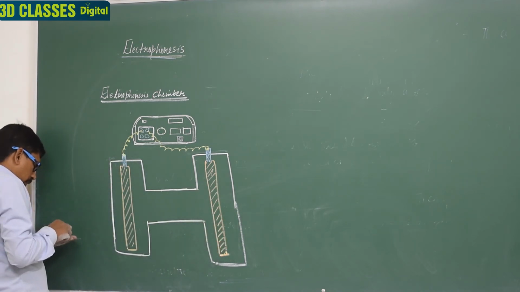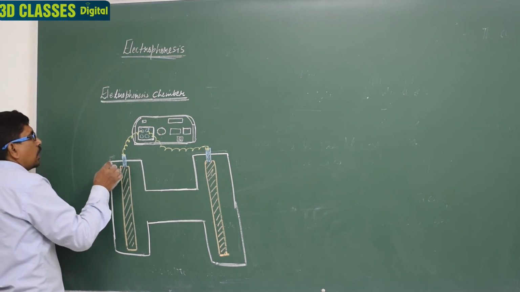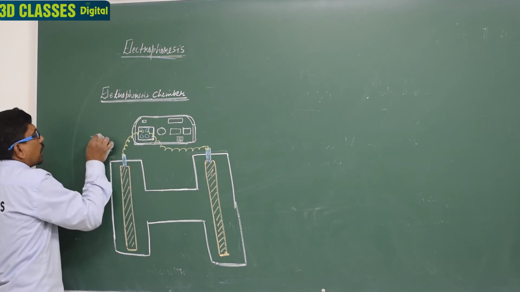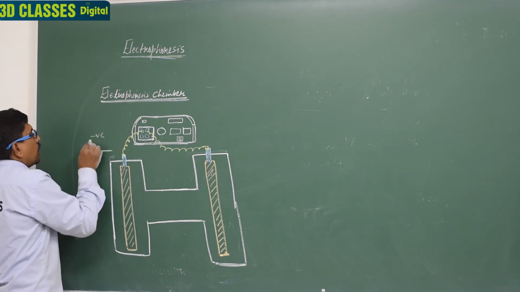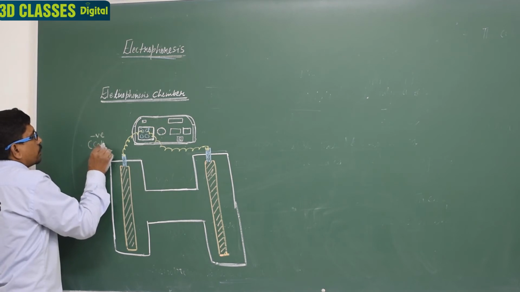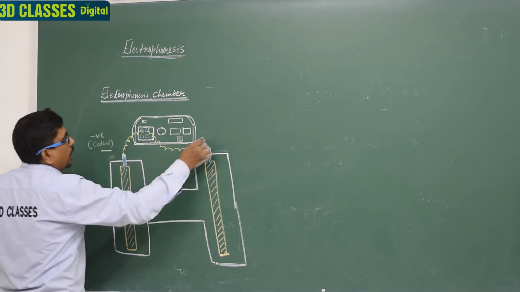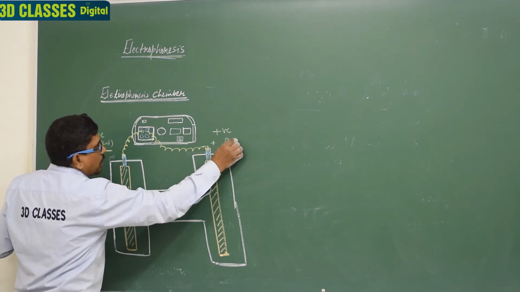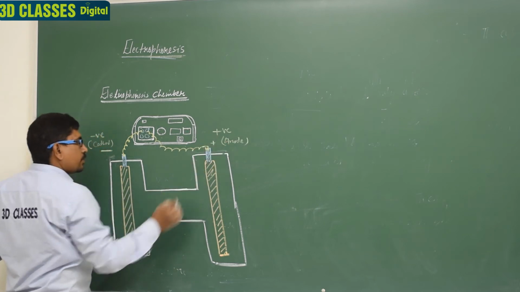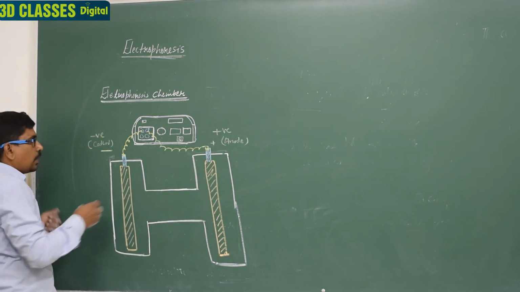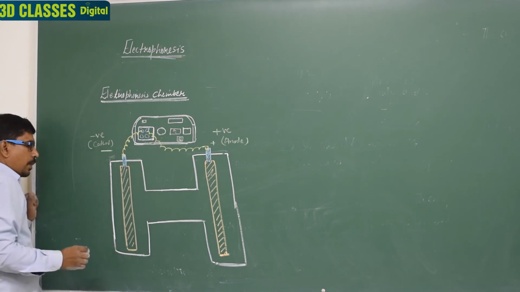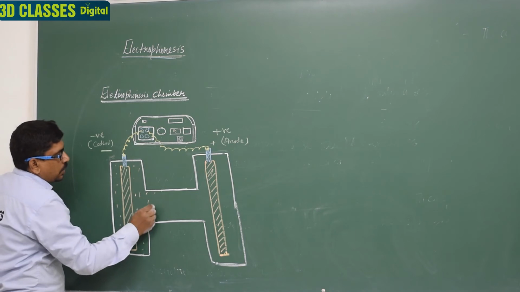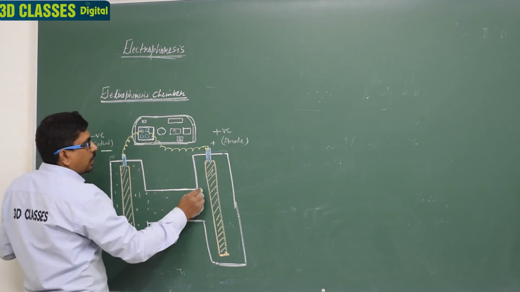Clear? In this chamber, this side represents the minus, here we can say the negative charge, and it is known as the cathode. This side represents the positive charge, and is known as the anode. Clear? Here a solution is filled up in this complete chamber.